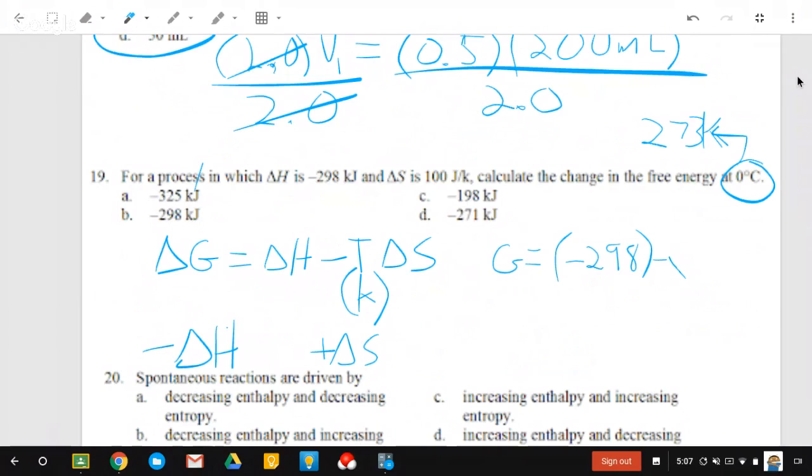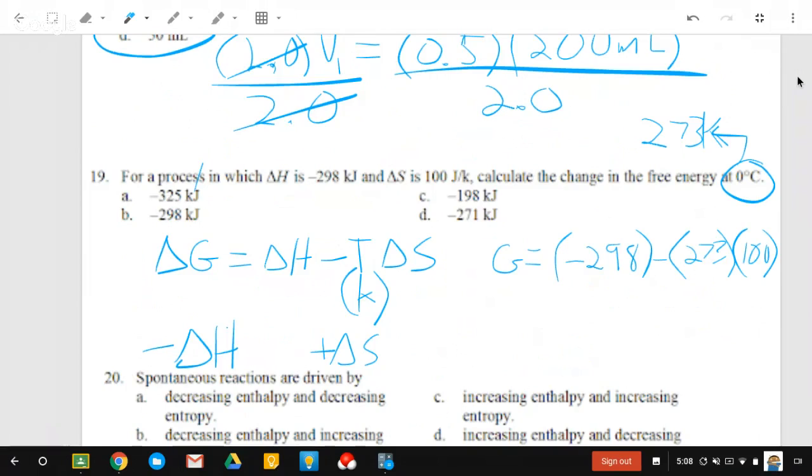So minus 273. The entropy is 100. So you can see this is going to be a really big number because it's 273 times 100, negative 298 minus that big number. This really should be a bigger number.